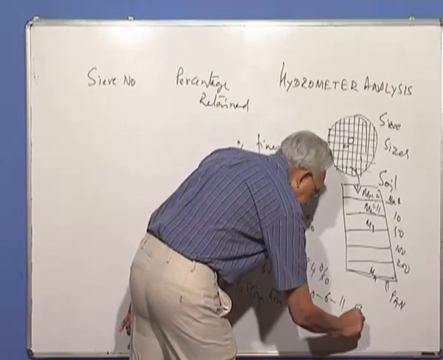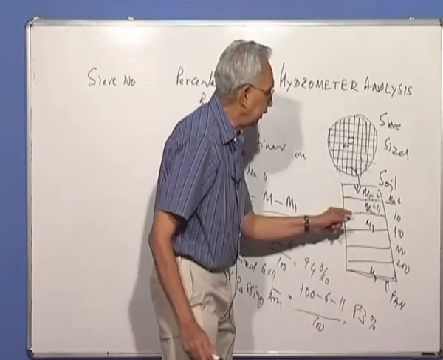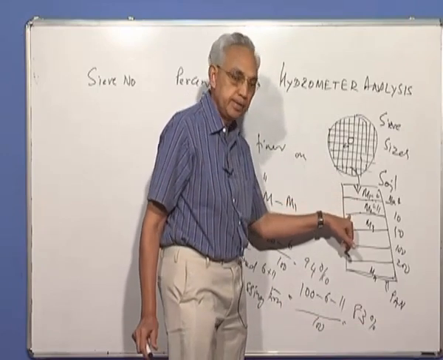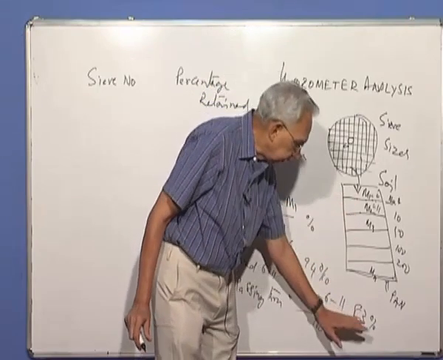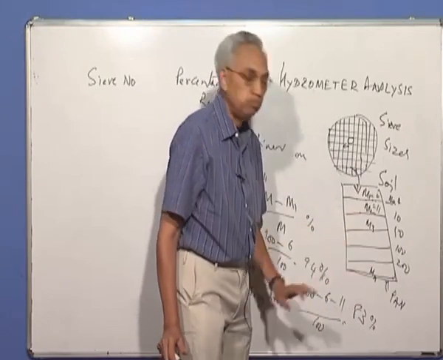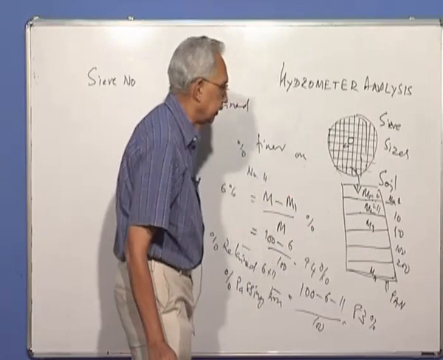That is 83%. So corresponding to this size of, let us say, maybe 1 millimeter, 83% of the soil is finer. So like this, we can get the distribution of the different particle sizes.